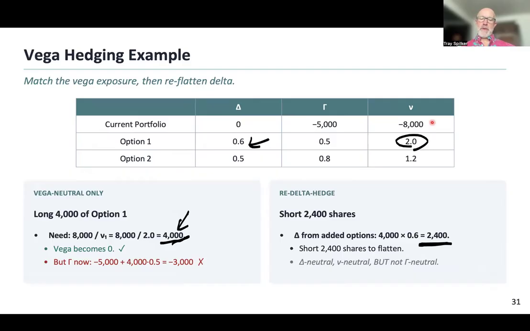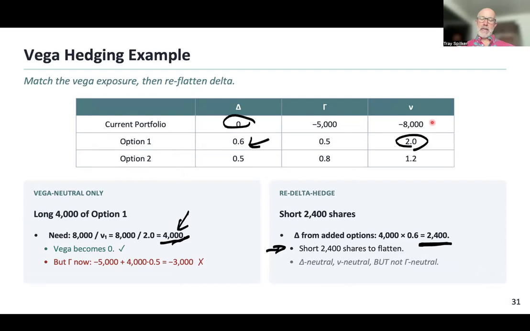Remember our starting position of delta for our current portfolio was 0 to begin with, so that's why we don't have to worry about it. So in order to get rid of our delta exposure after buying 4,000 units of option one, we need to short 2,400 underlying shares in order to flatten out and get rid of our delta.